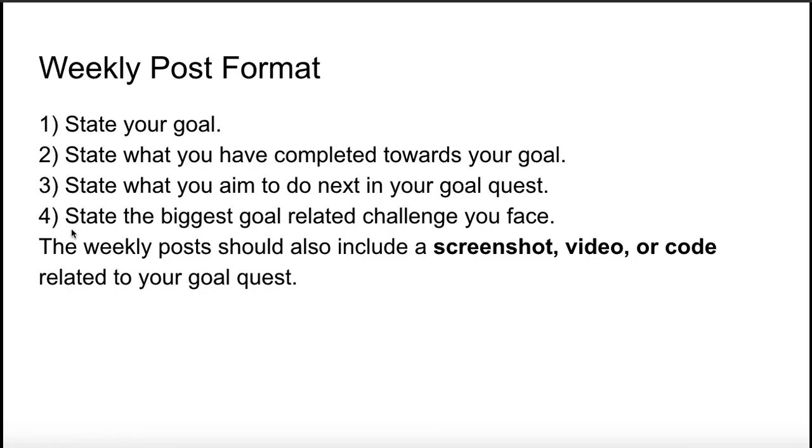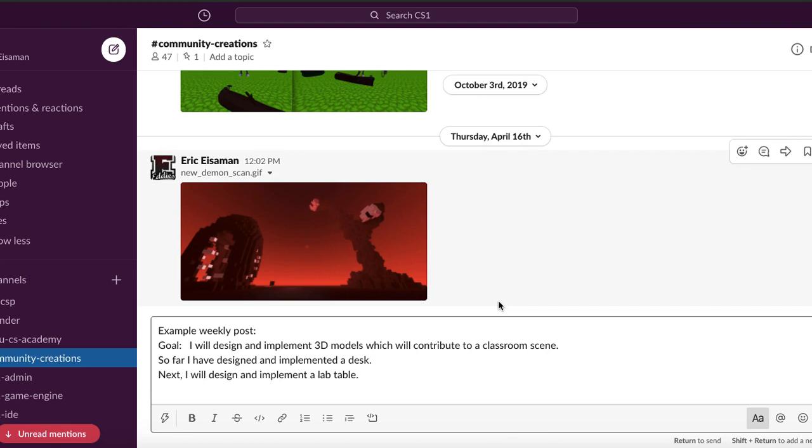And it says the next part, I need to state the biggest goal related challenge I am facing so far. My biggest challenge thus far has been deciding which items to design.